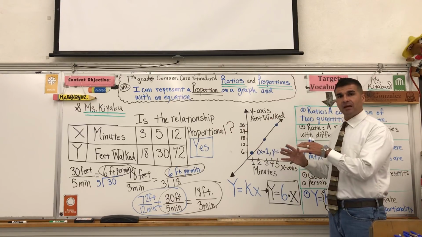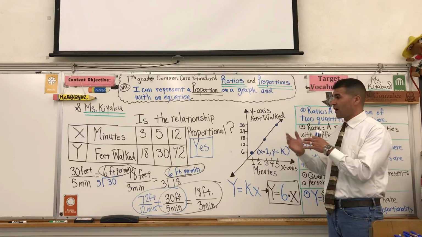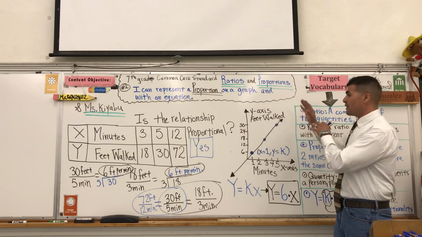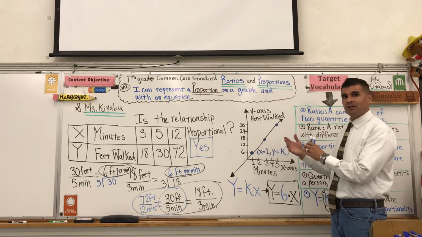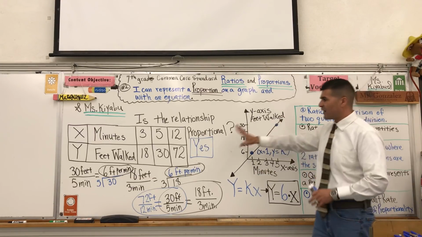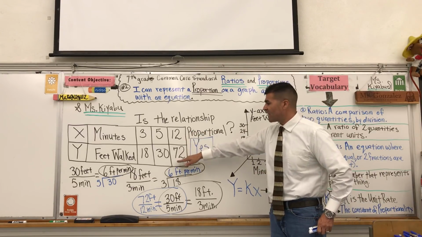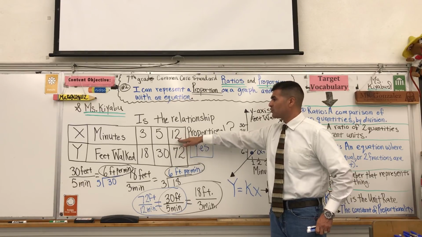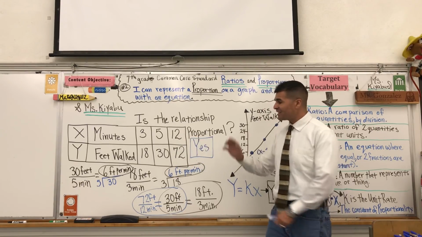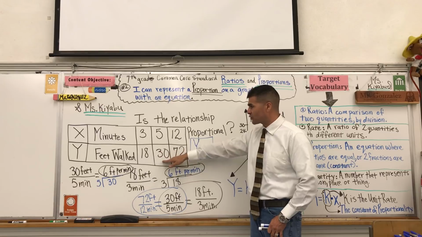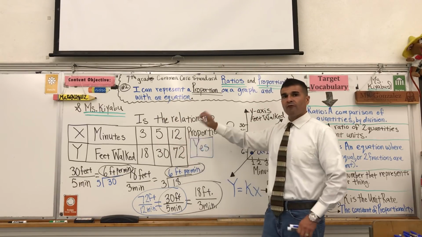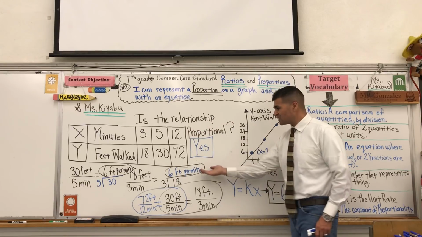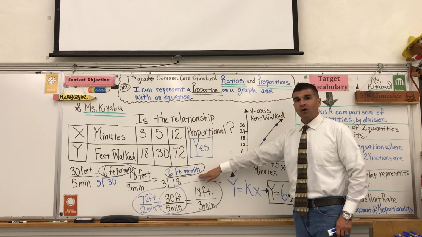And you need to be able to tell whether this is a proportional relationship from graphs, but also from tables. So you have to be able to do it from more than just a graph. You have to be able to say, well, if I can divide 72 feet by 12 minutes, and I get the same answer as dividing 30 feet by 5 minutes, these two fractions give me the same quantity.